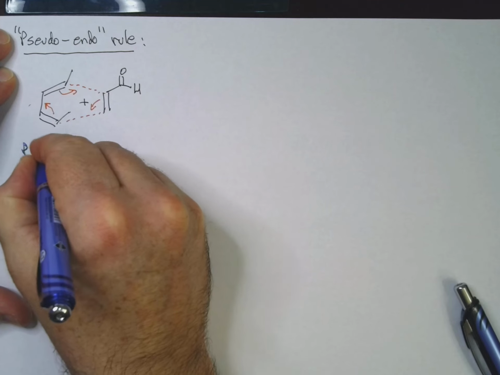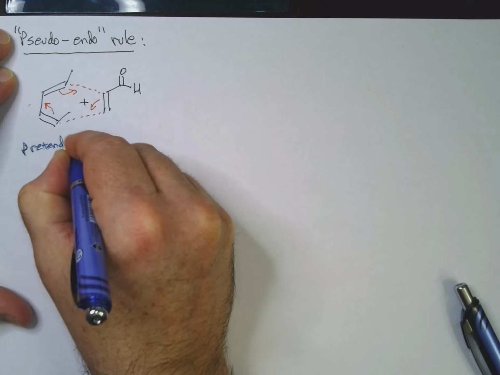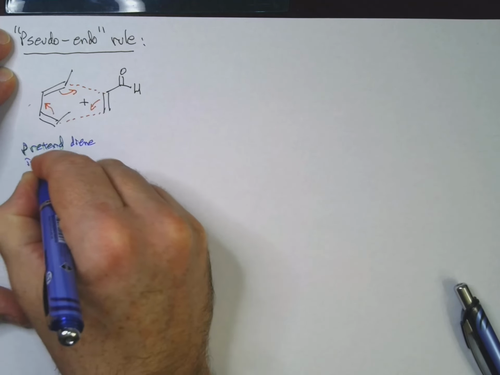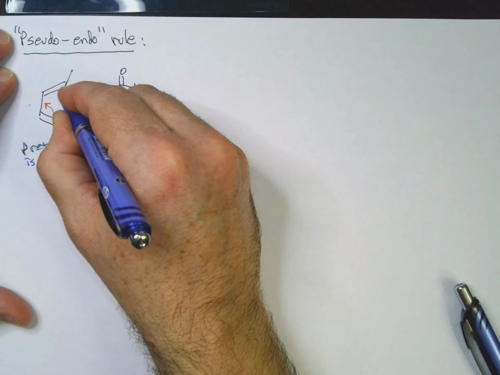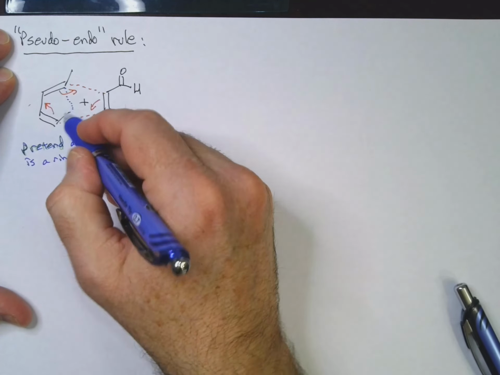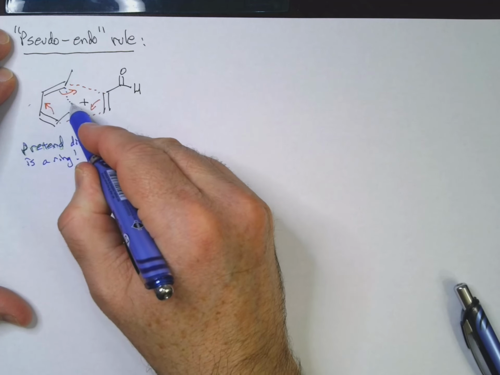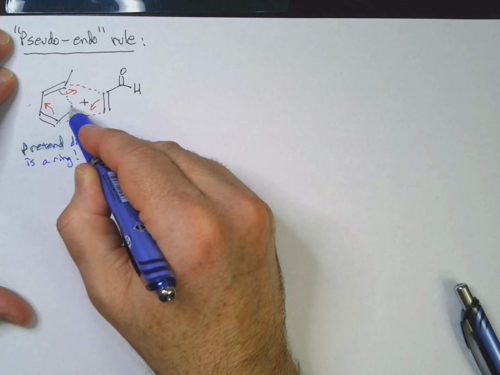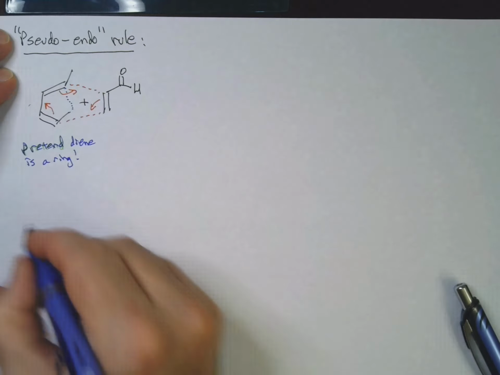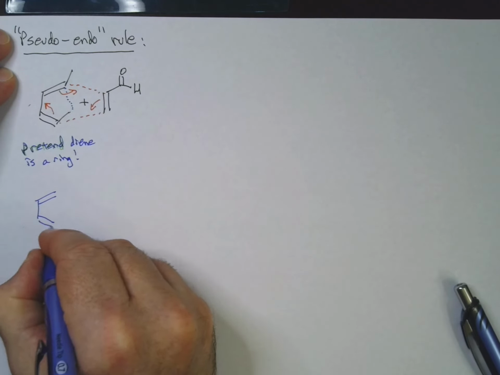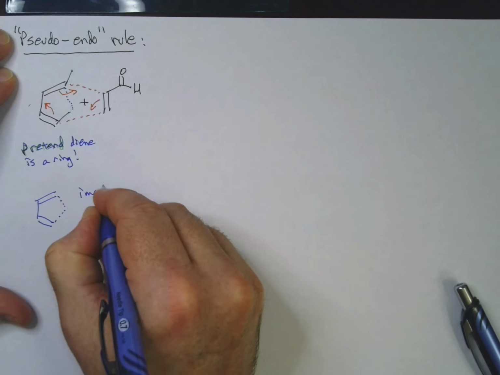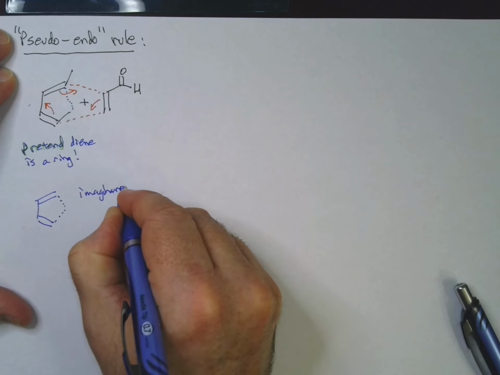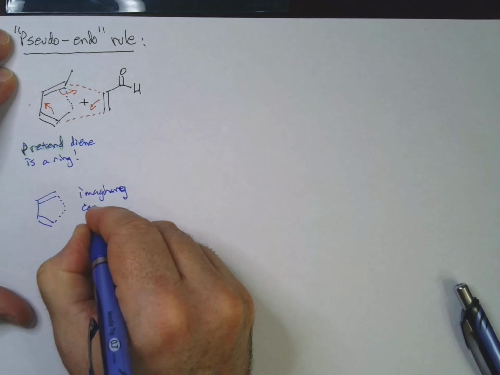Sorry, pretend diene is a ring. And so in order to do that, I'm just going to draw in some dotted lines there. So we have an imaginary bond. So this guy is like, so what we're saying here is imaginary carbon.